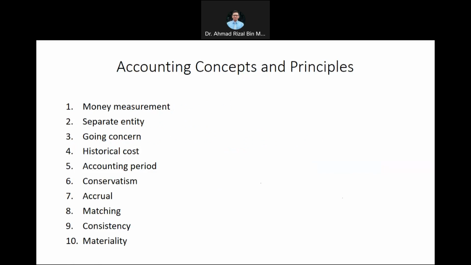For this module, it lays down 10 concepts and principles, starting with the money measurement concept, whereby the financial information is stated in monetary terms, and the company has to choose which currency it is denominated in.